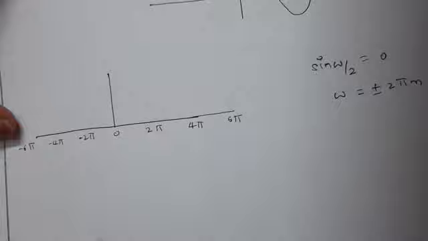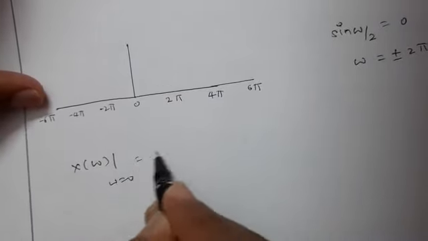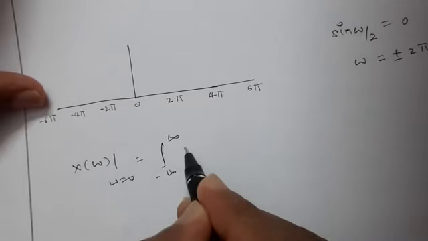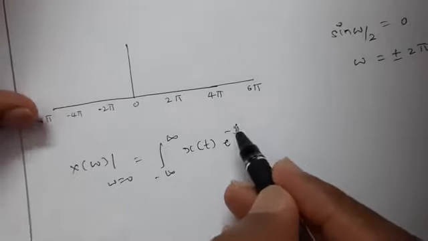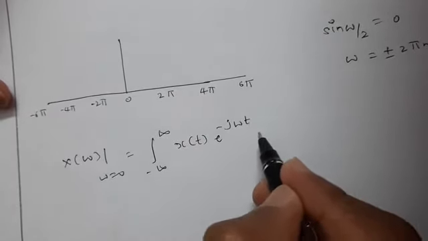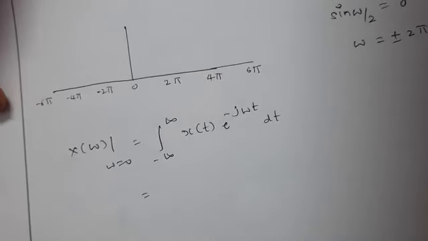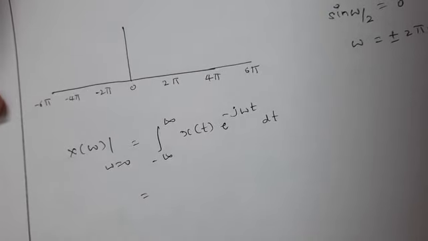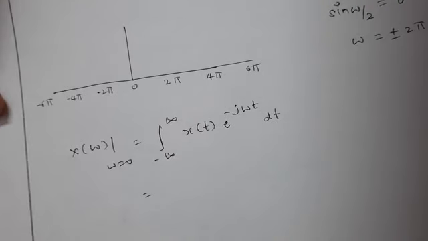So X of omega at omega equal to 0 can be found from minus infinity to plus infinity of x of t e to the power minus j omega t dt. By putting the value at t equal to 0, you can find that it is 2.